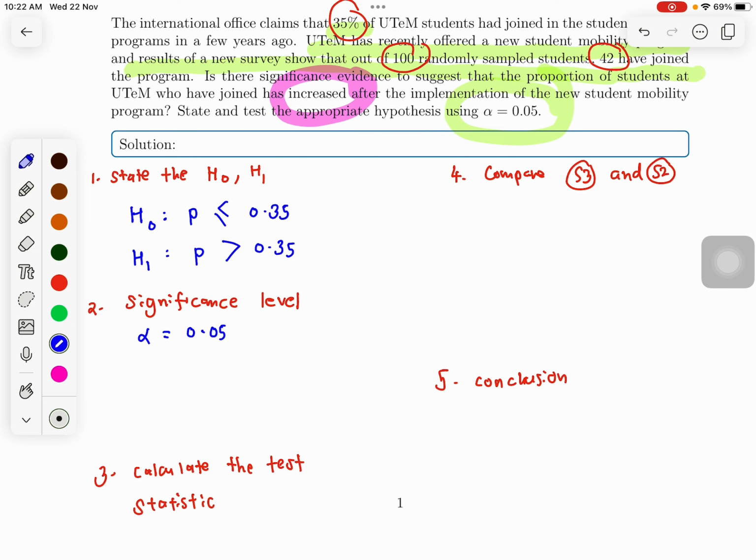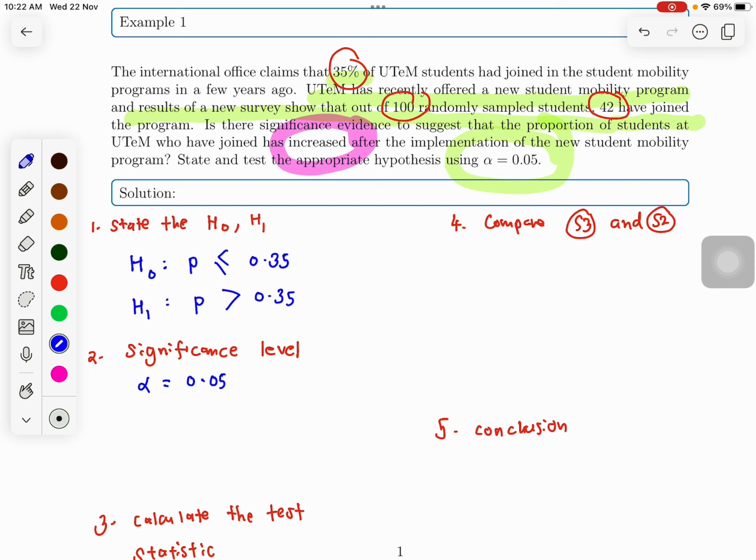And remember, the rejection region is based on the alternative. So first of all, you need to sketch this distribution. Okay, so alpha is 0.05. So this is a one tail test and at the right tail, right?